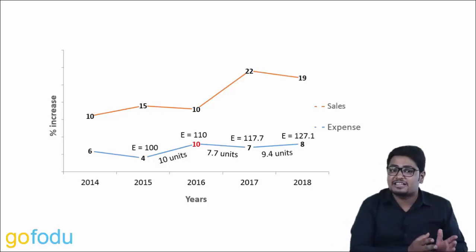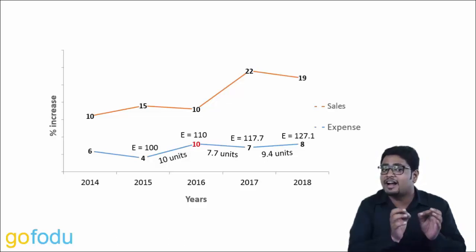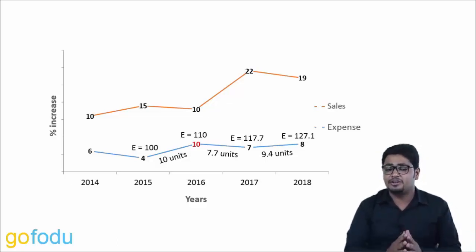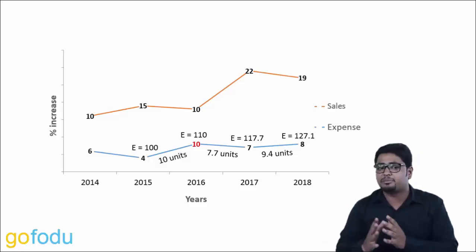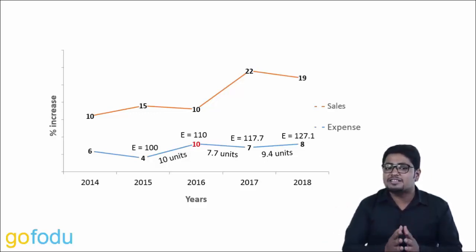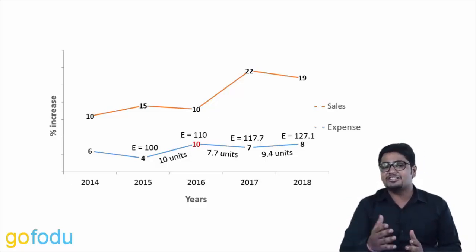In 2016, the increment was 10 units, which was more than that of 2018. So this would be the case if 2016's percentage increase was given to us as 10% instead of 8%. Try to guess the scenario if 2016's expense growth rate was 9%. Try this on your own.